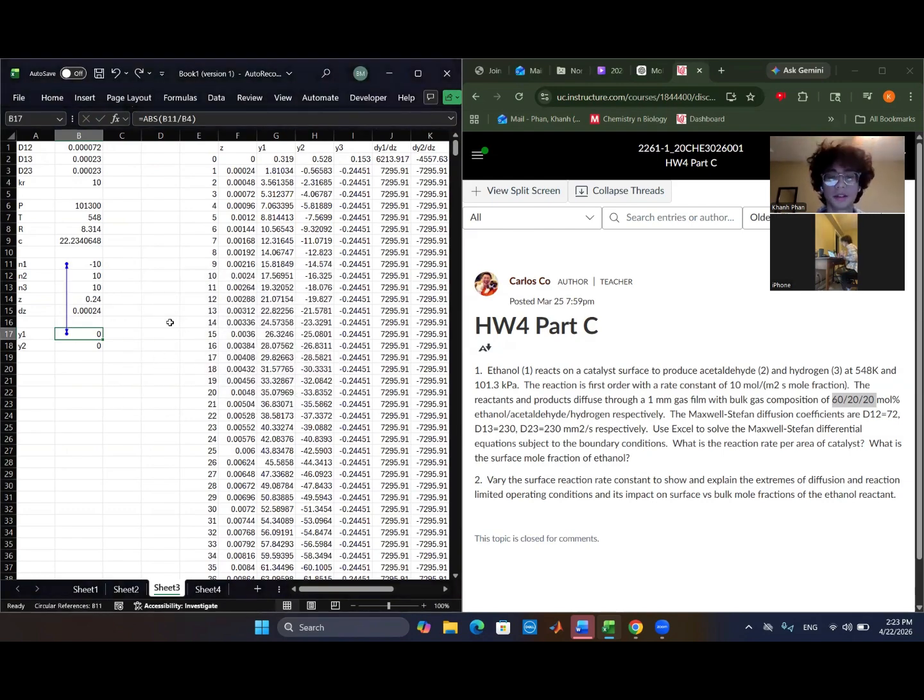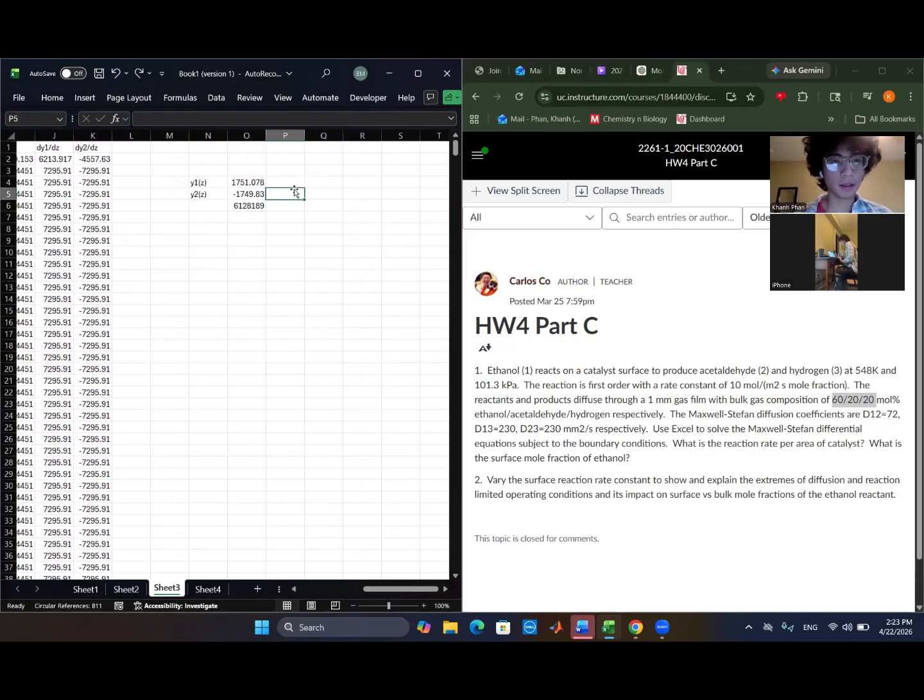All right, I'm not sure why it turned 0, but it doesn't really matter because we only use it as a reference. Over here, our goal is we want y1 and y2 to be 0.6 and 0.2. So I'm going to take the difference squared between this number and the target, and the same for this one.